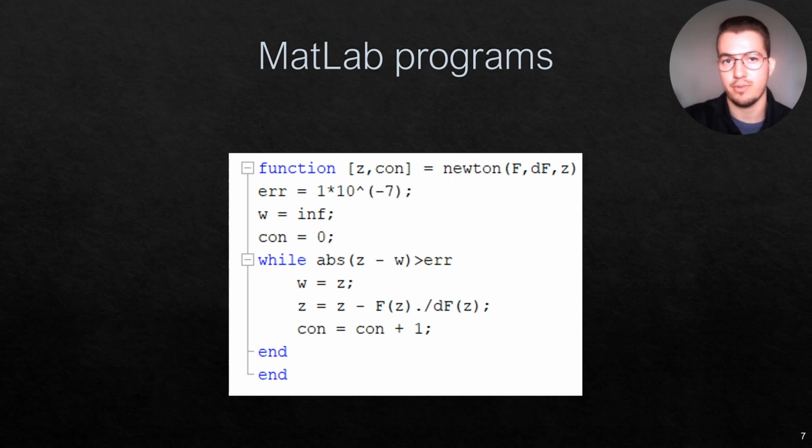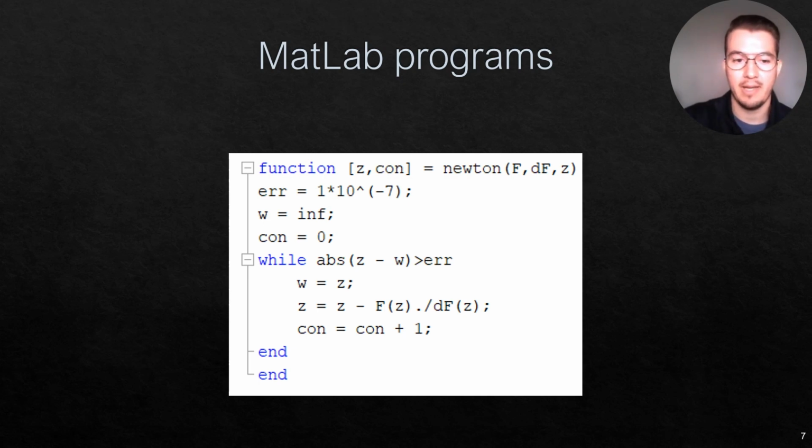This function returns z, which is the estimated root, and con, which counts the number of iterations required to converge to the root. It is basically a while loop that continues until the absolute difference between z and w is less than the error tolerance, which is 10 to the minus 7 power.